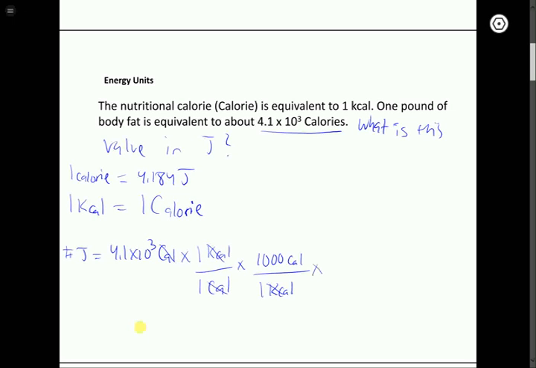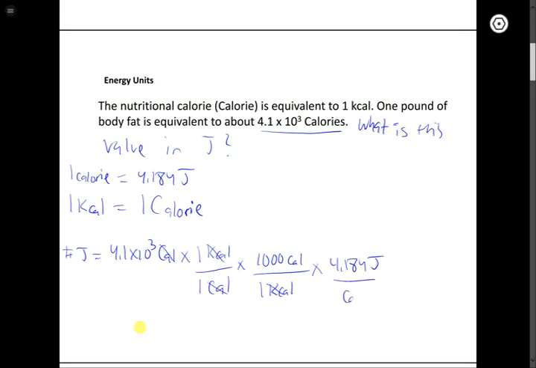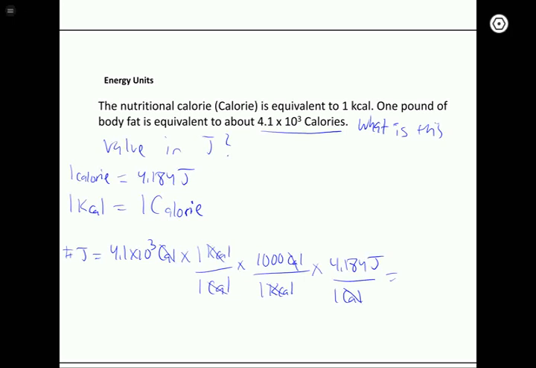And then finally we can go into joules, 4.184 joules per calorie. So that gets us into the units we want, which is joules, and we should get, I believe, 1.7 times 10 to the 7. Yep. So 1.7 times 10 to the 7th joules.